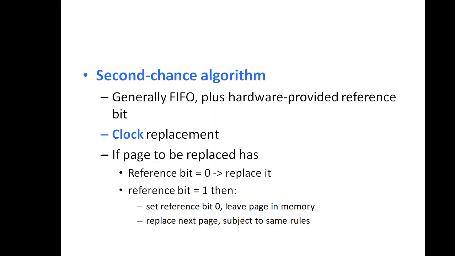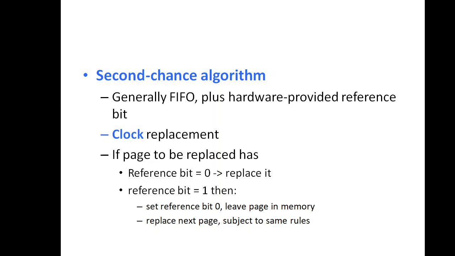That is a FIFO page. When a page gets a second chance, its reference bit is cleared and its arrival time is reset to the current time. The page that is given a second chance will not be replaced until all other pages have been replaced, or all other pages have got a second chance.